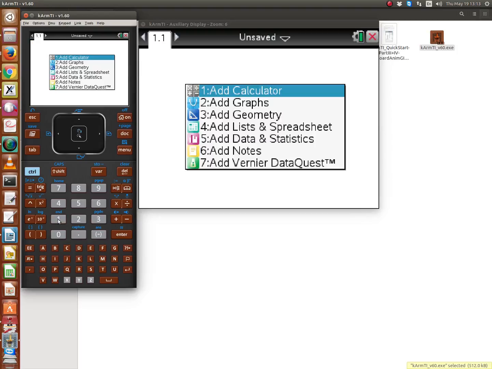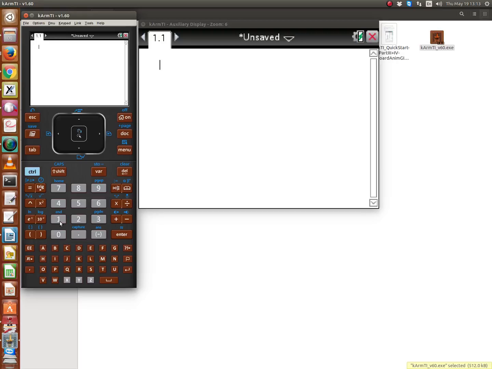Let's get a document. Let's do a calculator document. Let's do control divide for big fraction. And what was it now? It was 950 minus 1190, over 3 minus 1, is negative 120. Wow, that was earth-shattering.